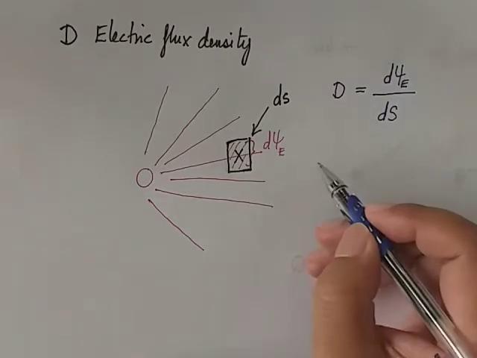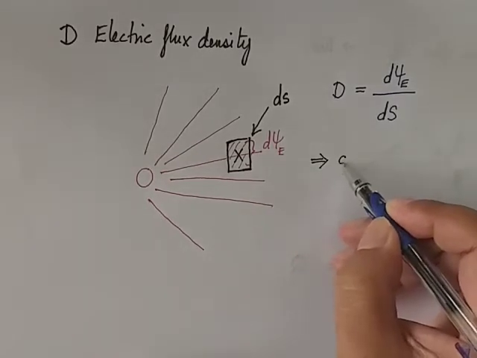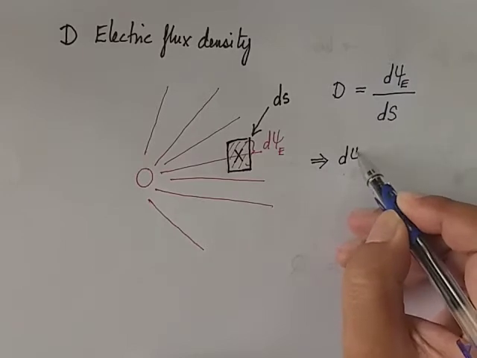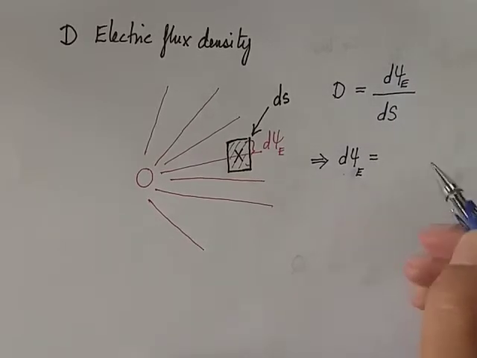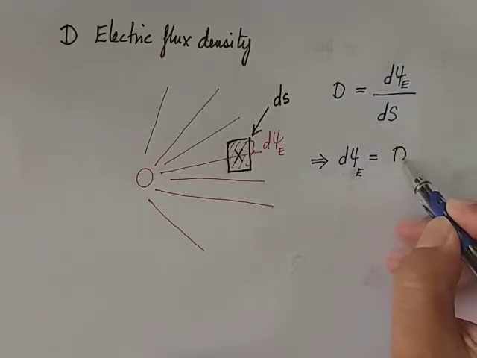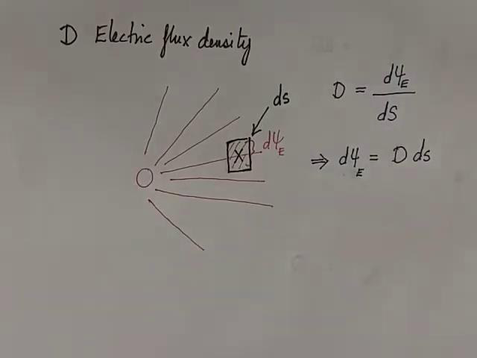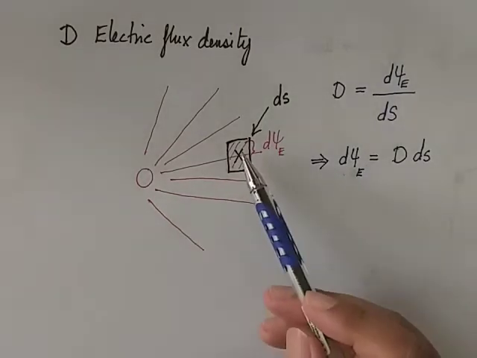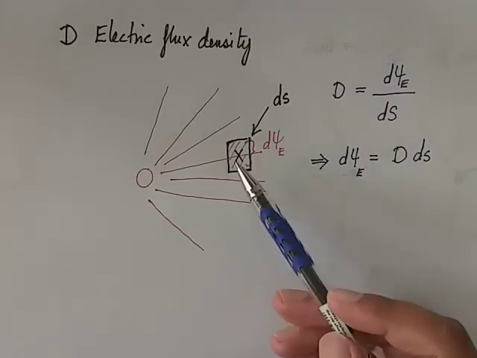And if you rearrange the mathematics, we can say that d flux E can be denoted as D multiplied with dS. But you have to be careful now, because the arrangement of this area dS is very important.